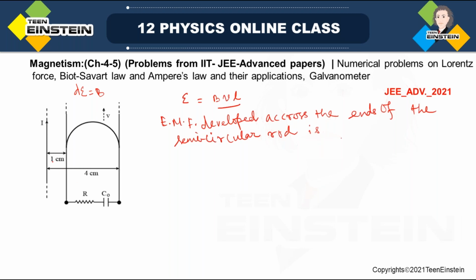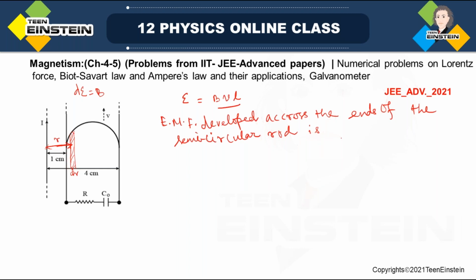Elementary means what? Suppose from the infinitely long wire at a distance r, I'm just taking an element of thickness dr. This is dr, right?